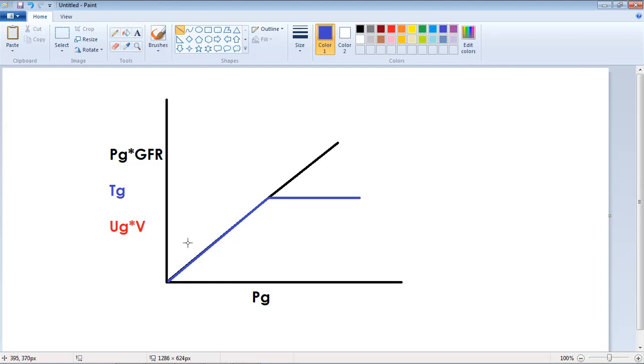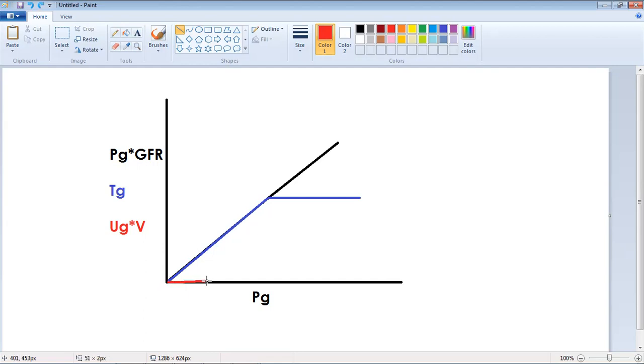Now let us see what about the UGV, or urinary load of the glucose. As the filtered load is increasing, and as the transport is also increasing parallelly, in the urine there will be no glucose.